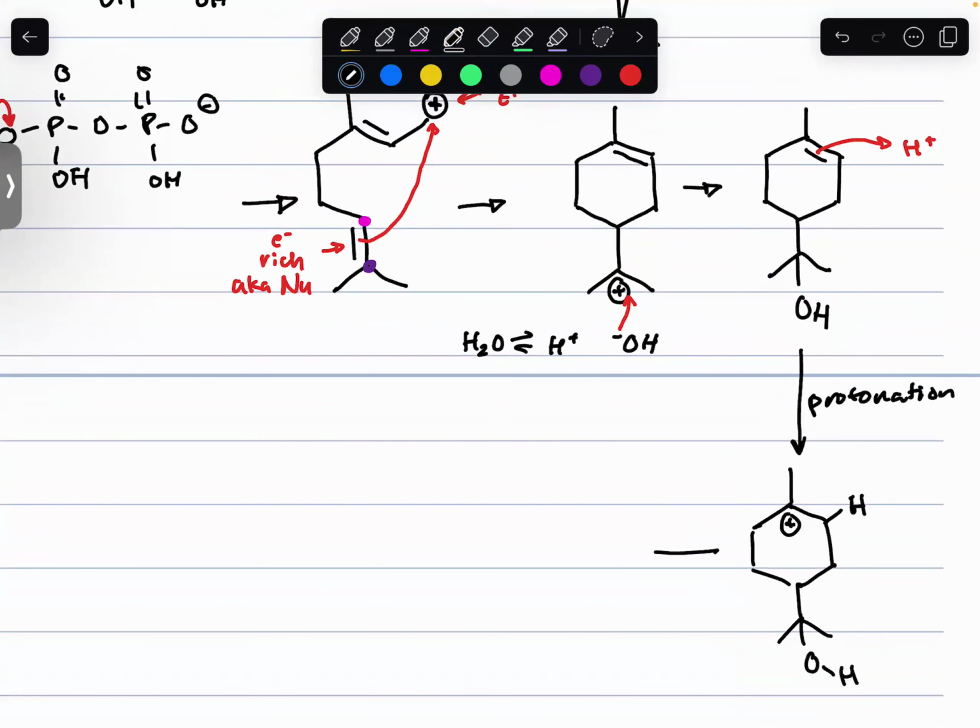So what does our oxygen have? 2 of lone pairs. Our lone pairs can act as a nucleophile. Our carbocation is an electrophile. They're going to attack and neutralize that carbocation.